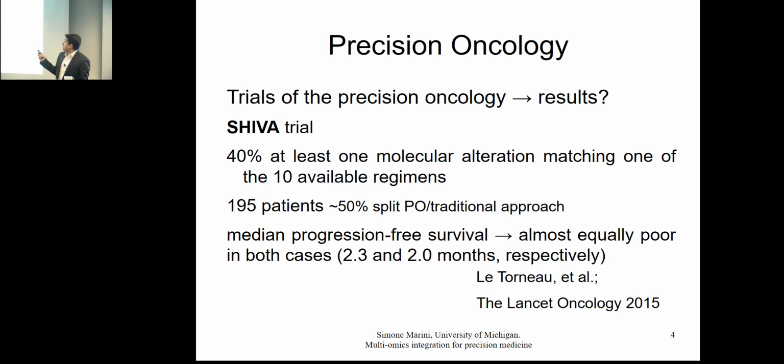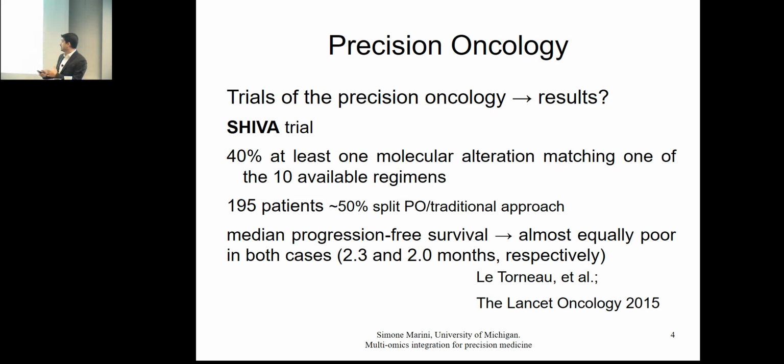So, how does precision oncology apply? Well, it depends. Here I am bringing the data from this trial, where about 200 patients were enrolled, and more or less equally they were split between precision oncology and a traditional approach, and the results were apparently not spectacular.